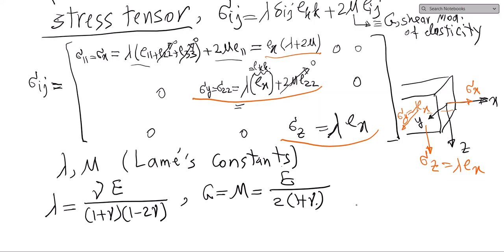And I have a coefficient here: lambda plus 2 mu is equal to E times (1 minus mu) divided by (1 plus mu)(1 minus 2 mu).